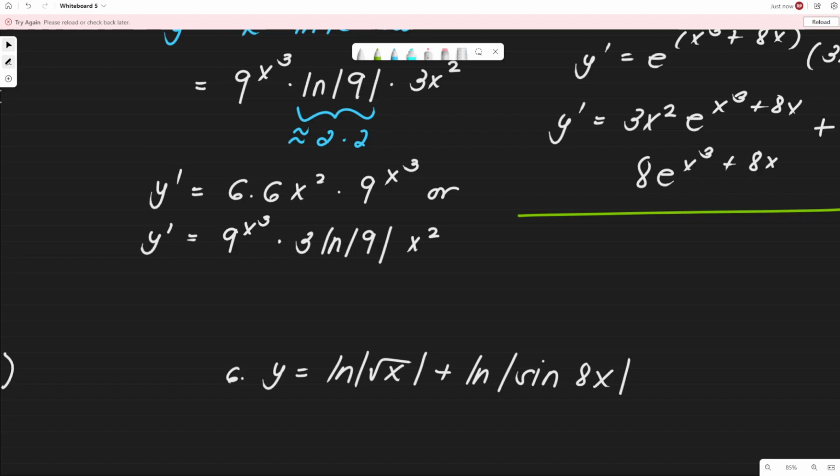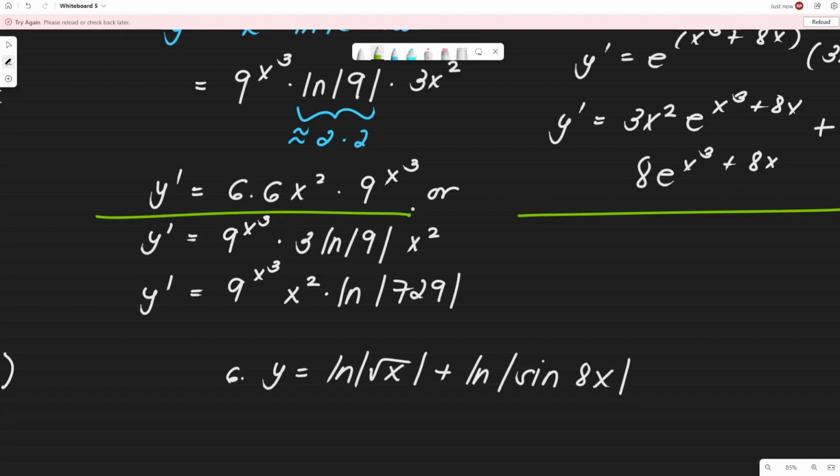Oh, sorry, wait lang. Sorry, 200 tuloy. 729 pala. So this will be, so we can have 9 raised to x cubed x squared, multiplied to the natural logarithm of 729. Ayan. This can be the answer.